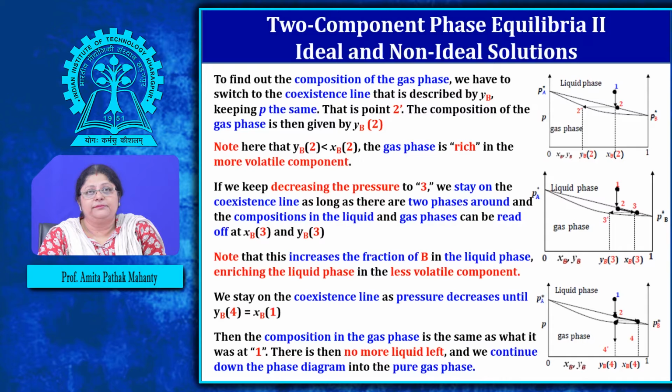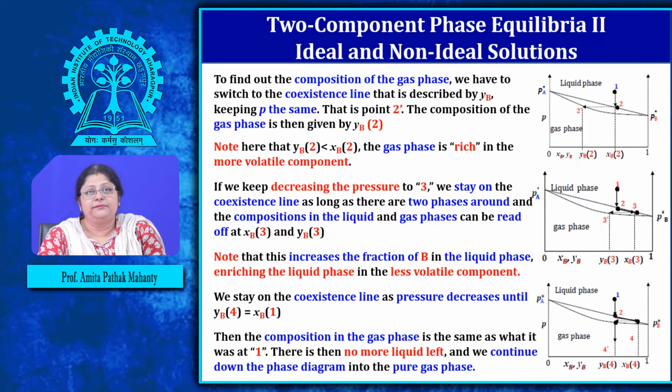Now note, what do you note here? What I have said is that the mole fraction of component B in the liquid is higher than the mole fraction of component B in the vapor phase.